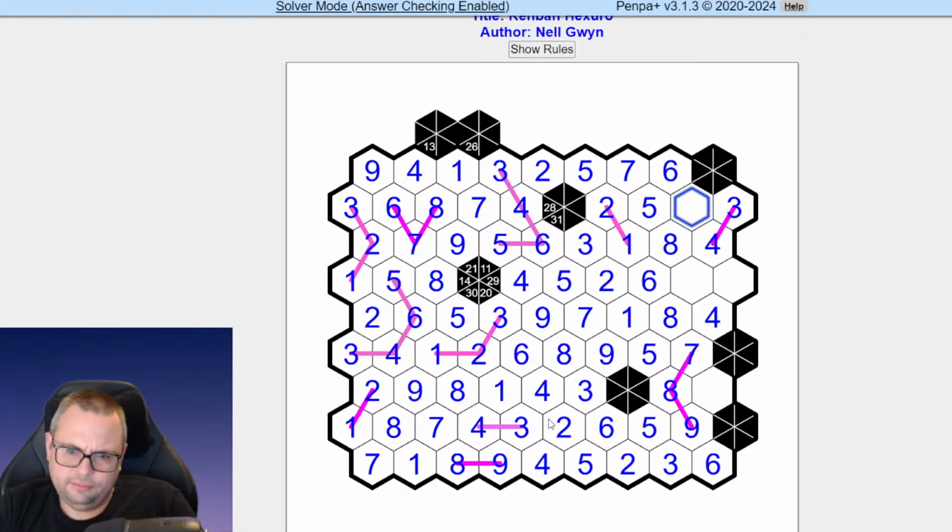Okay, let's see. This sees 1, 2, 3, 4, 5, 6. I don't see that it sees 7, but it sees 8 and 9. Let's see. This cell doesn't seem to see a 1, but it sees a 2. It doesn't seem to... Oh, it sees a 3 and a 4. It sees a 5, 6, 7, 8.